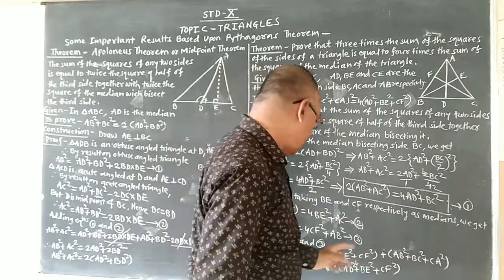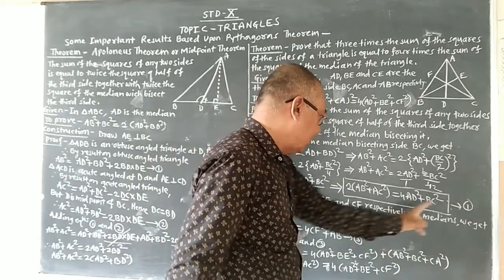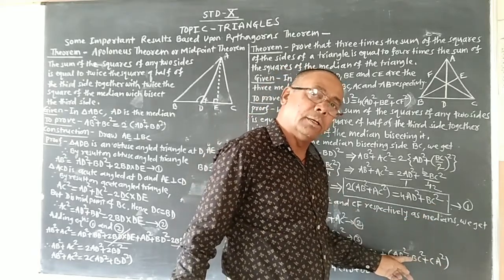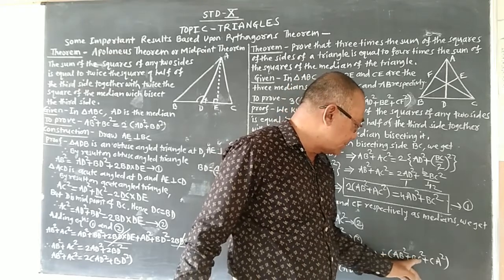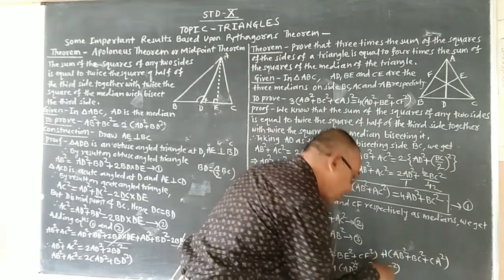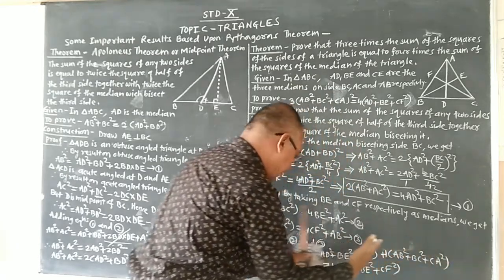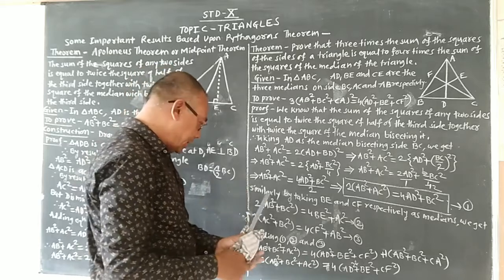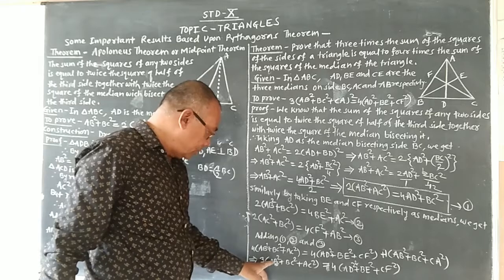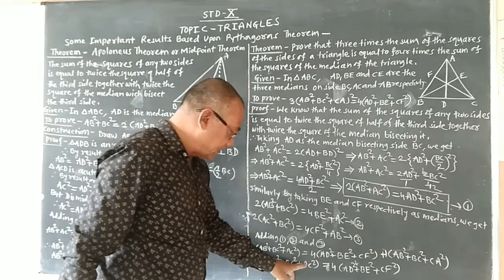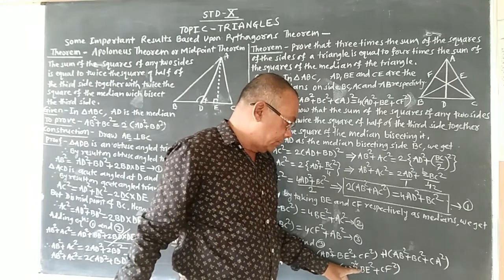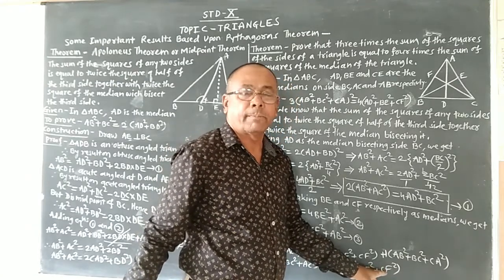Plus here, if we see, we will get AB square plus BC square plus AC square, and these terms are written in a separate bracket. And now this is 1, and if we take it to the LHS, then 4 minus 1 will be 3. So 3 into (AB square plus BC square plus AC square) is equal to 4 into (AD square plus BE square plus CF square).